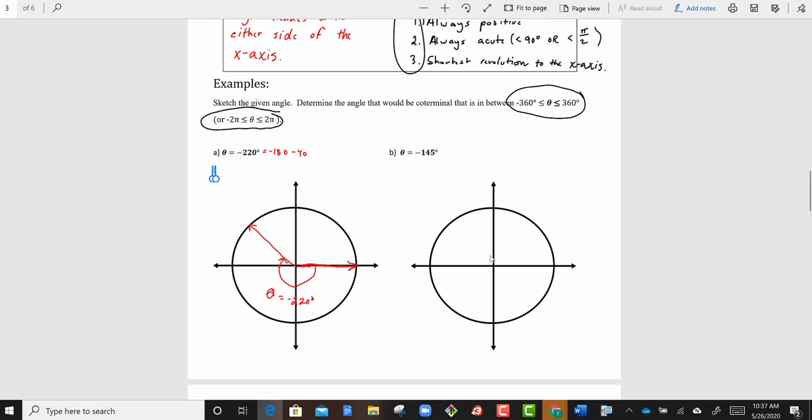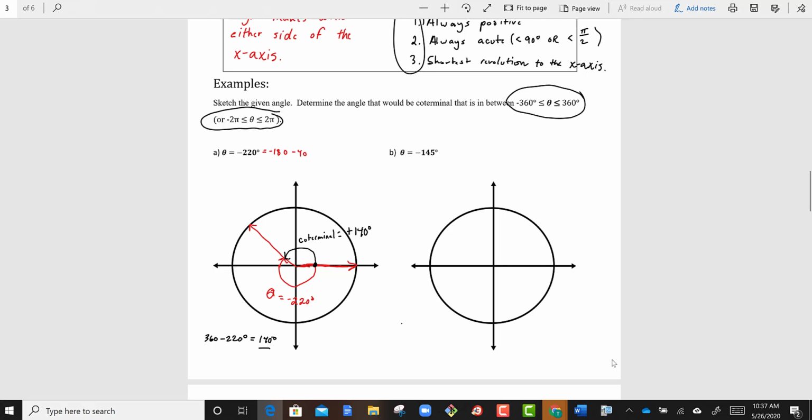The coterminal angle is going to be the one that starts in the same place, ends in the same place, but basically the quickest way to find it is it rotates in the opposite direction, which means the coterminal angle is going to be positive 140. I know it's positive 140 because 360 degrees is a full circle, and if we take away the given piece, we end up with that answer.